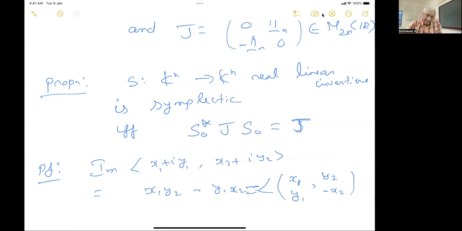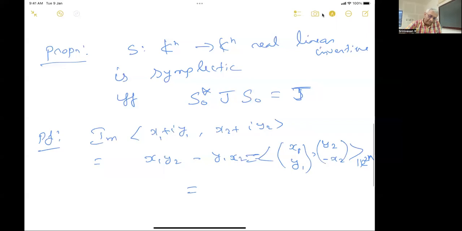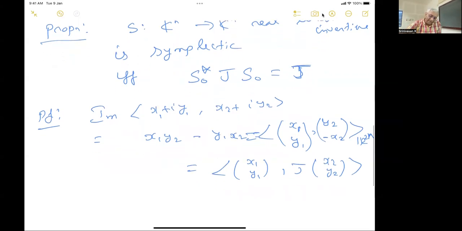This is the R2N inner product, which is the same as x1, y1 with J of x2, y2. You just multiply J with x, y to get J of x, y is y minus x. So the imaginary part is preserved.